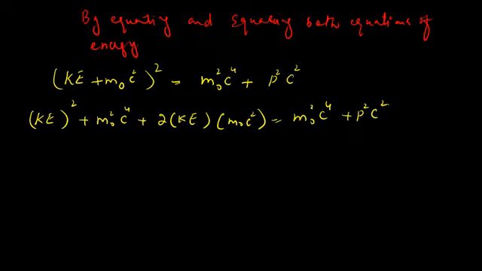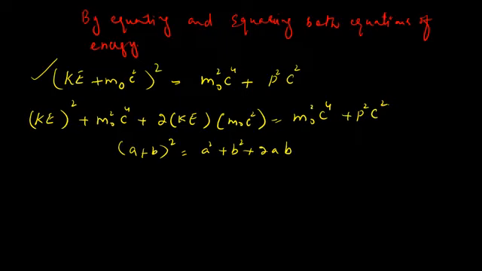As you know, we open it by the formula (a plus b) whole square is equal to a square plus b square plus 2ab. We used this to open the square of (kinetic energy plus m naught c square) whole square.